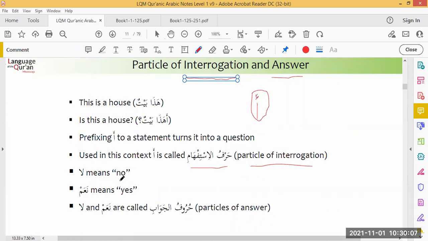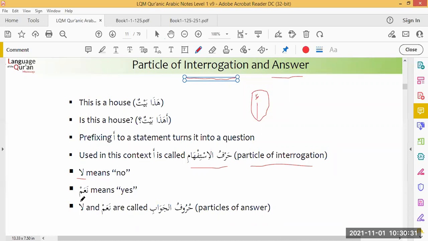So la means no. If we have to give the answer to haza baitun, is this a house? If you have to give your answer in the negative, you will say la, no, this is not a house.